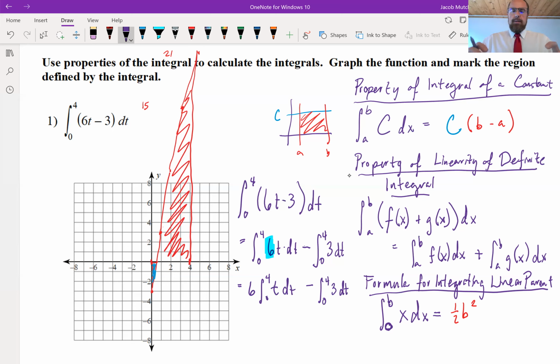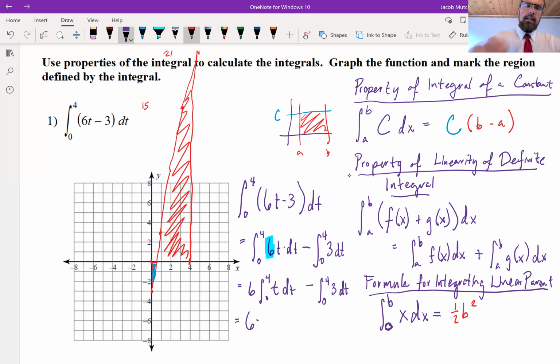Once I've got those separated like that, I can apply my formula here. So if I'm calculating 6 times the integral from 0 to 4 of t dt, that's going to equal 6 as a multiplier times, if I'm going from 0 to b of x dx, it equals half b squared.